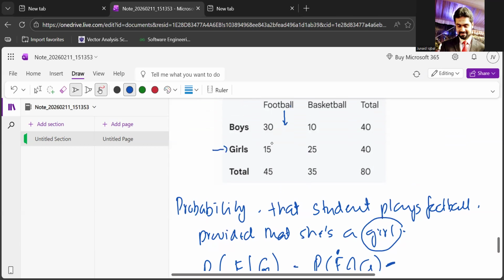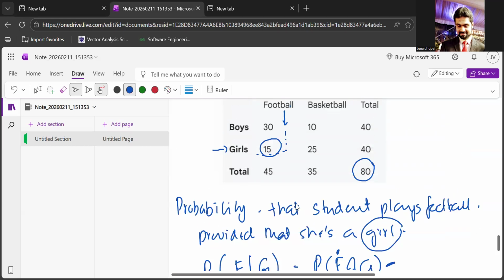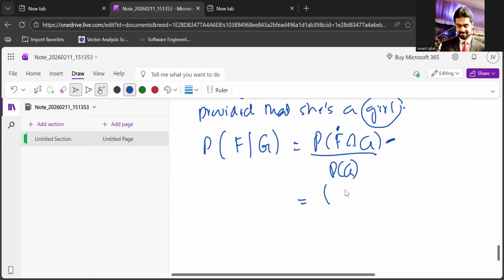So just move and see which one is intersecting. So this one is basically intersecting both football and girl. Okay, total number are 80. Getting it? So it would be probability of football intersection girl would be this 15 over 80.